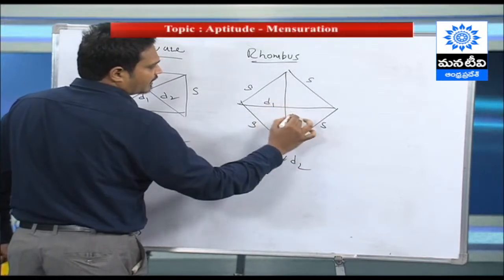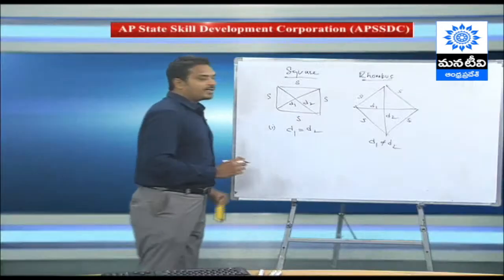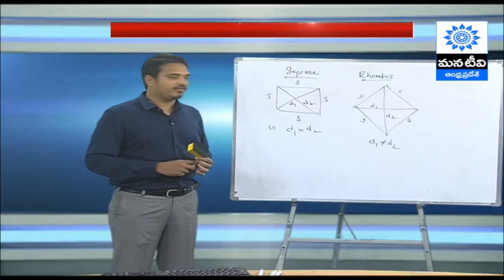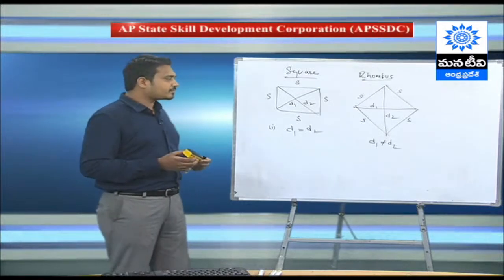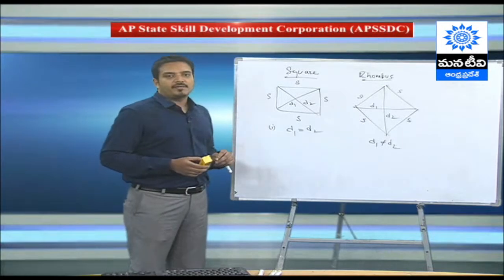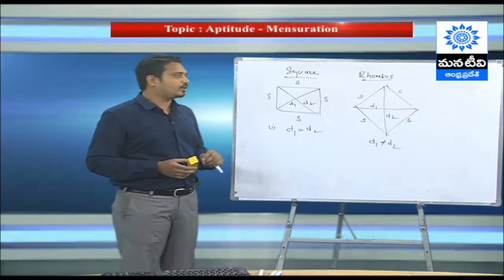They have different dimensions, meaning different lengths. So on the concept that D1 is not equal to D2, we have to find out the area of the rhombus.